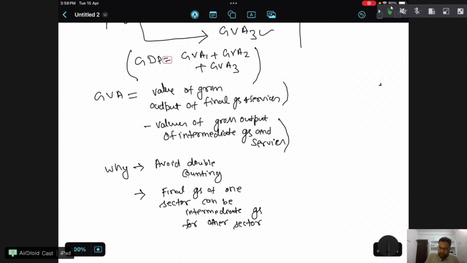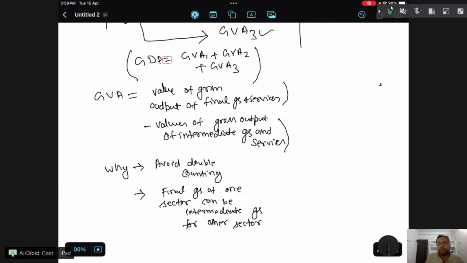Why are we subtracting the intermediate good? Because if we look at the primary, secondary and tertiary sectors, we will see that some goods are final goods for one sector and the same good becomes an intermediate good for another sector. For example, if somebody is consuming milk directly coming from the primary sector, and he is not using this milk for production of anything else, like bread or anything related to milk production, then that will be the final good.